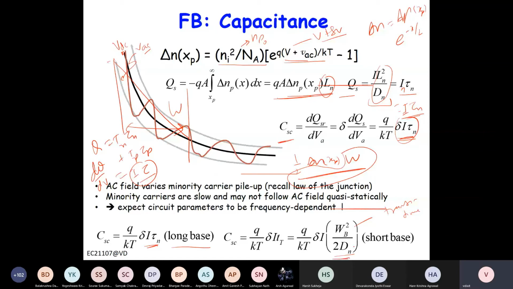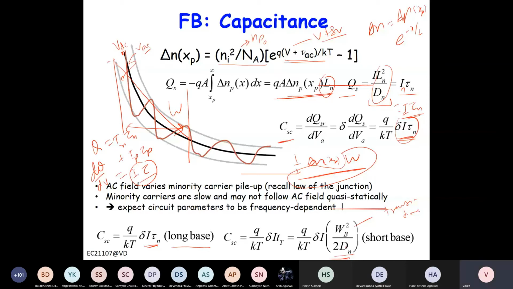This is basically called transit time, the time it takes for the minority carrier to cross over the base region. So for short base, the expression for capacitance changes like this.